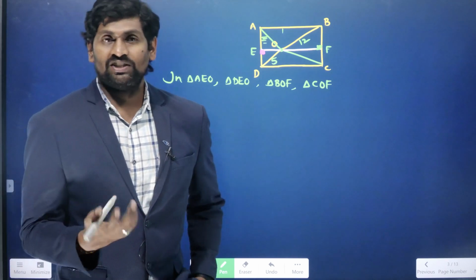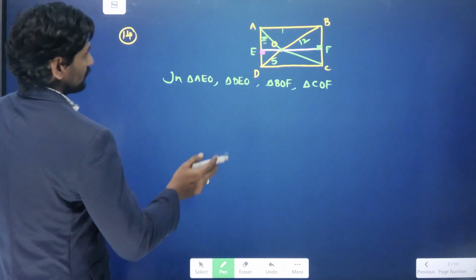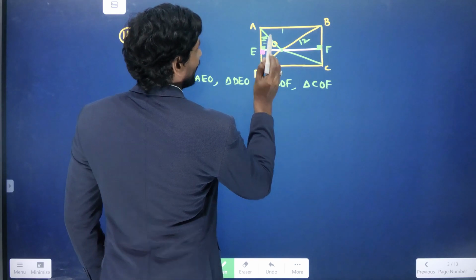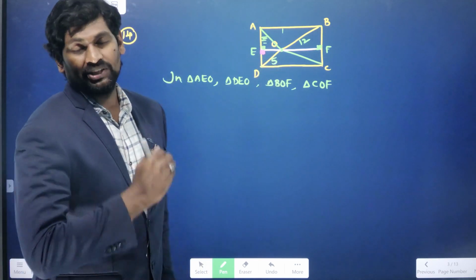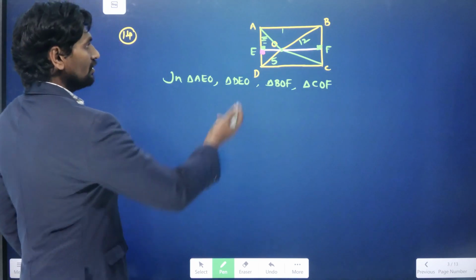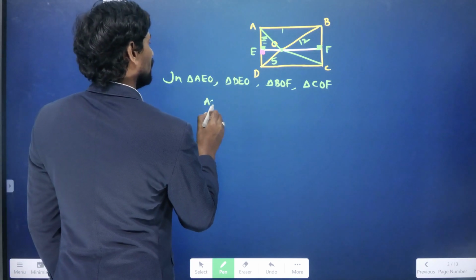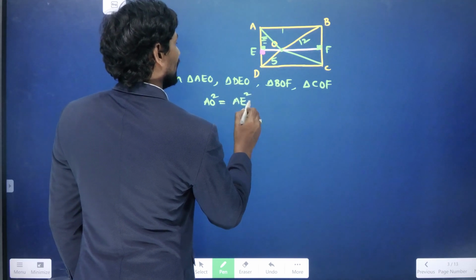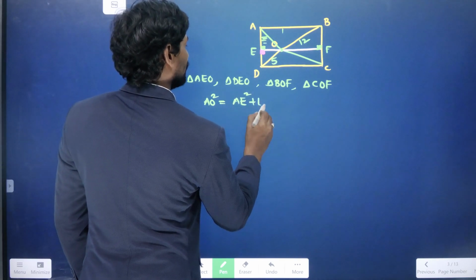Hypotenuse square is equal to side square plus side square. So in this right angle triangle, I told you the right angle is at E. So what will be the hypotenuse? The hypotenuse is obviously the side opposite the right angle, so AO. From this, AO square is equal to AE square plus EO square.